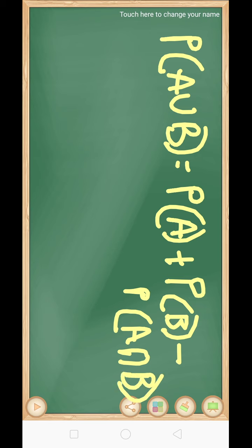Guys, I expect that you know the meaning of union and intersection. If you don't know, comment down below and we will start a basic class for all the newcomers. Since it is a crash course and the exam is just a few months away, we are going in fast mode.